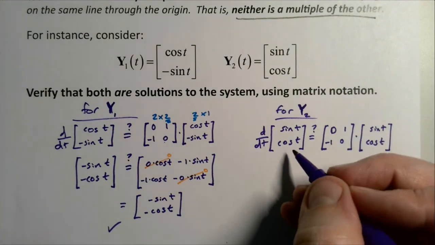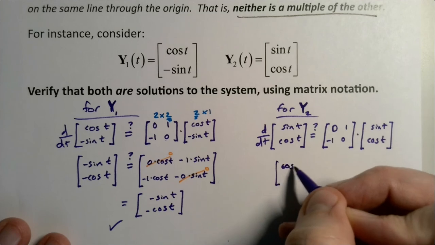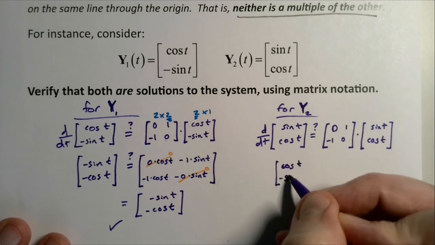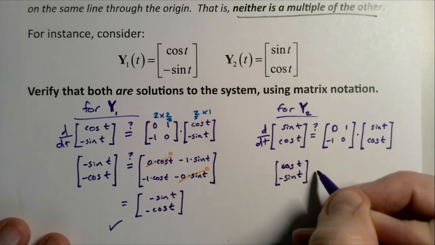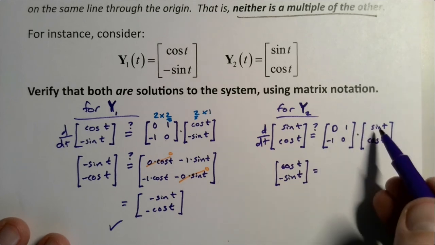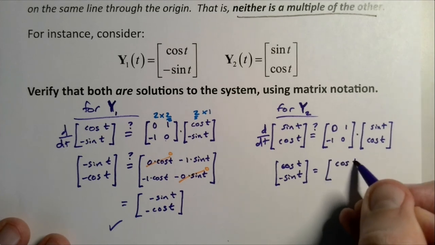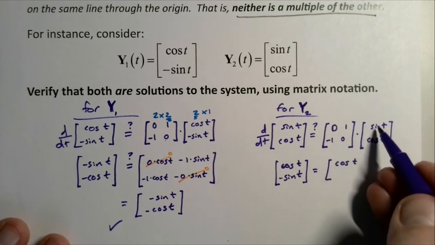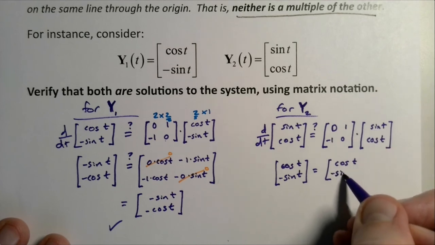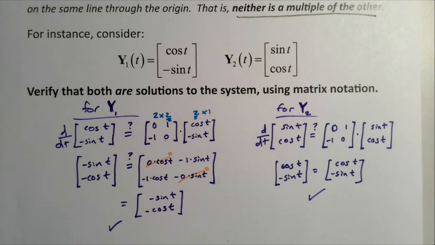And with a little bit of effort, on this side we have on top cosine, and on the bottom negative sine. And over here, doing the matrix multiplication, you can see we have 0 times sine plus 1 times cosine, so the top is just cosine t. The bottom is negative 1 times sine, so negative sine t plus 0. And so sure enough, that one checks out as well.